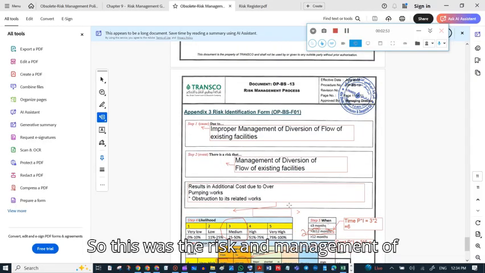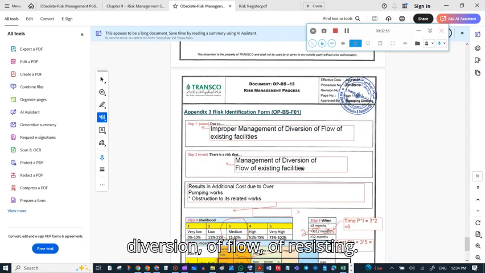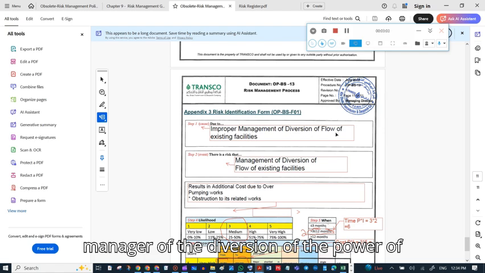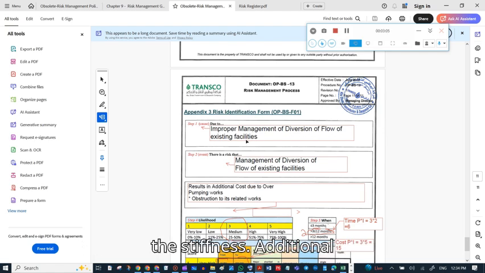Now, risk analysis. Here we have written an example in the form. This was a risk in the management of diversion of the flow of existing facilities. There is a risk because of improper management of the diversion of the flow of the existing facilities. It will result in an additional cost due to overpumping works and obstruction-related works.